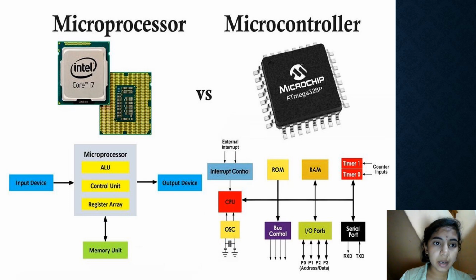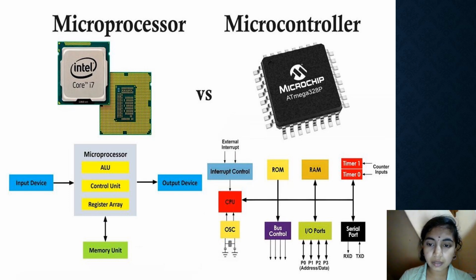So if we come to the microprocessor, it contains an ALU, control unit, register array, memory unit, and input and output devices. So if we come to the microcontroller, we can see external interrupts, interrupt controller, CPU, OSC, and it contains RAM, ROM, and timer 1, timer 0.